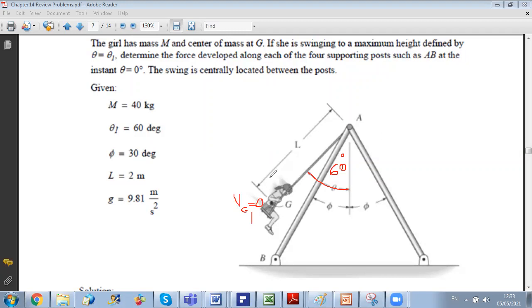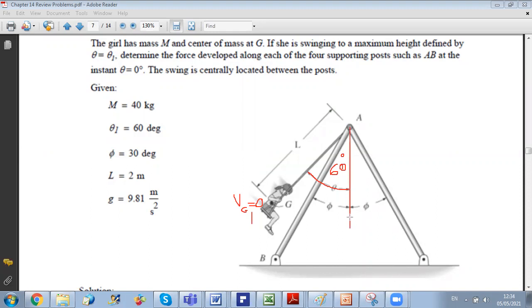Then the girl will swing around the vertical position. We have variation of velocity as it is moving because the potential energy will be converted to kinetic energy. And we want to determine in particular when it is at theta equals 0, what will be the reaction at the support?